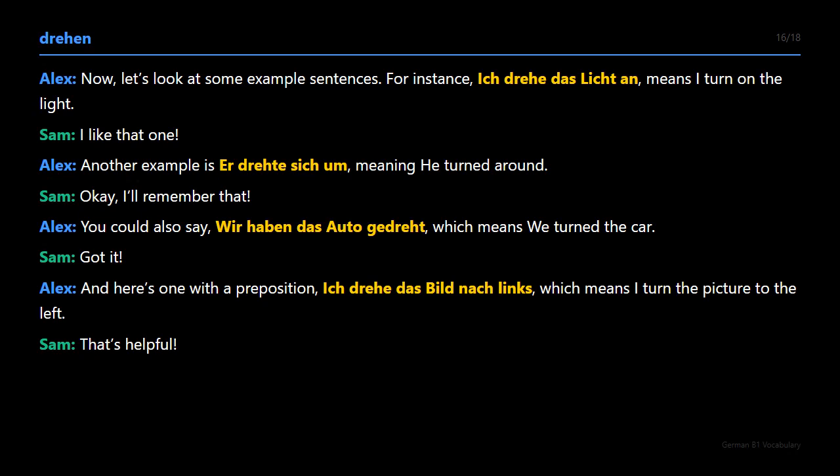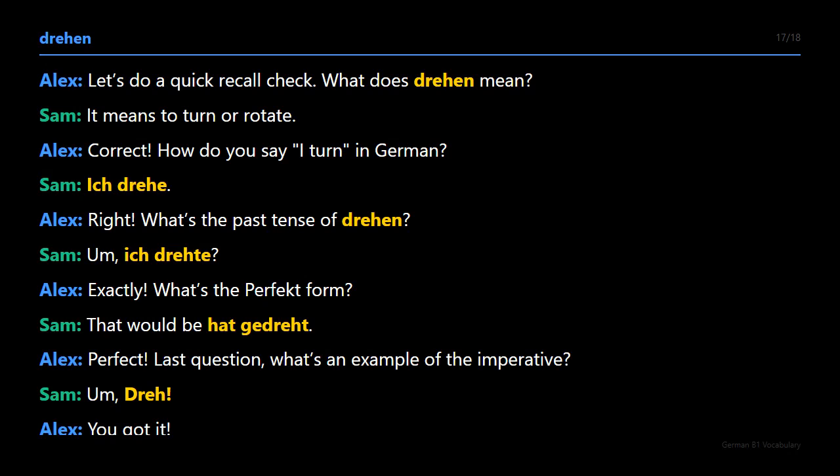That's helpful. Let's do a quick recall check. What does drehen mean? It means to turn or rotate. Correct. How do you say I turn in German? Ich drehe. Right.